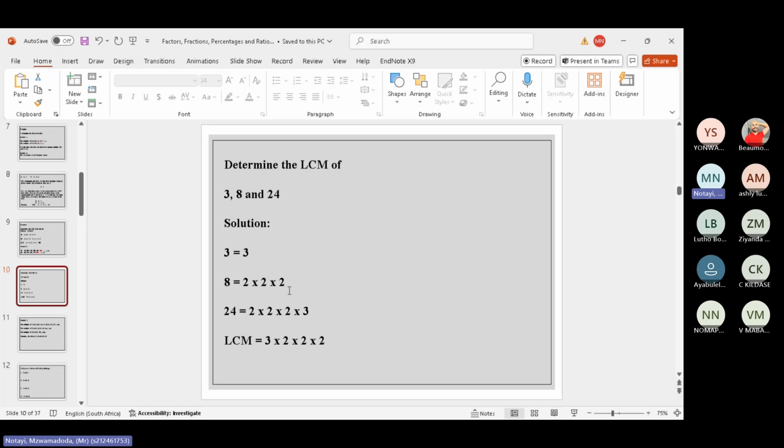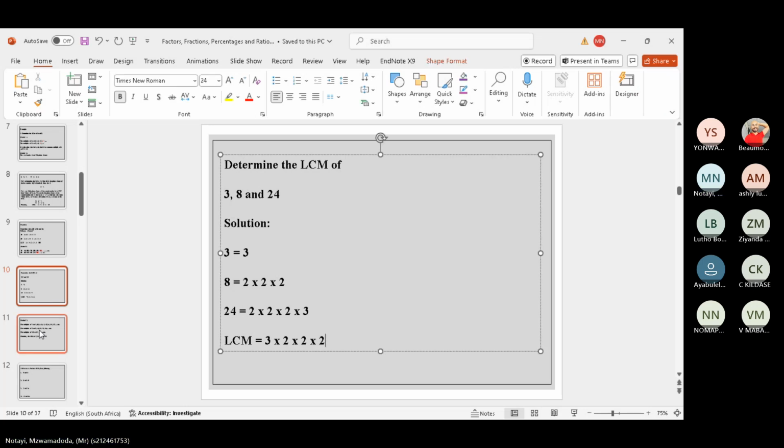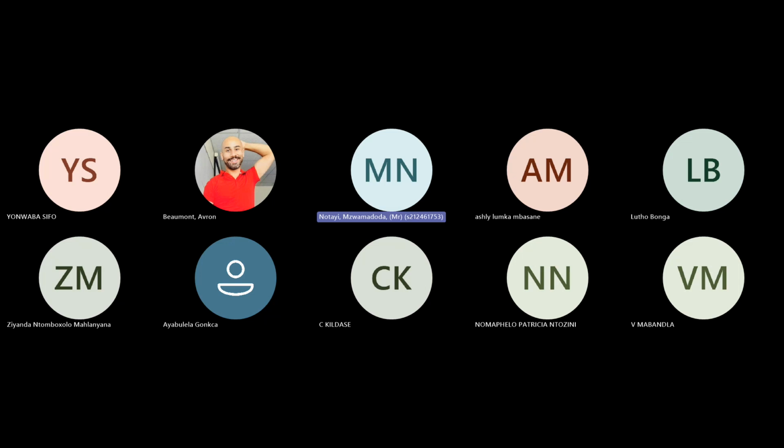So the lowest common multiple of the three numbers, 3, 8, and 24, is 24. Write it down: equal to 24.